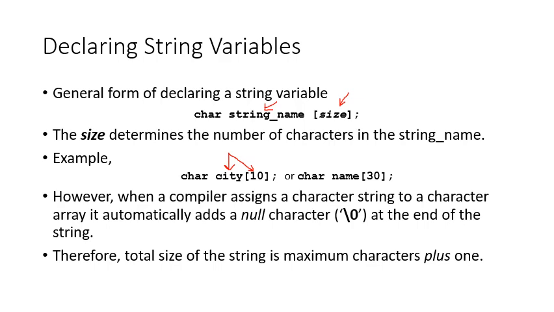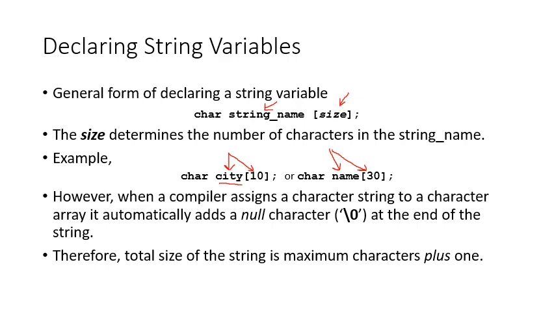On the other hand, there is a character array with the name name, and the size of that array is 30. That means this city can have a value which is 10 characters long, right? And the second name array, you can enter a value which is 30 characters long.